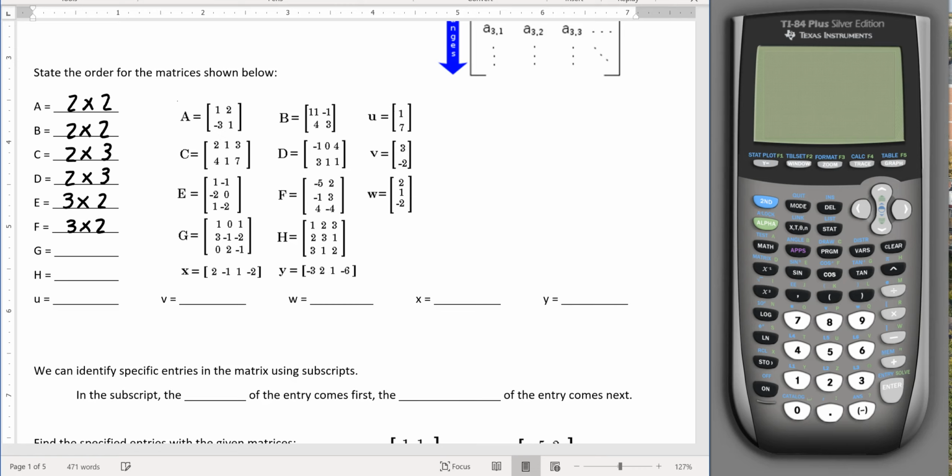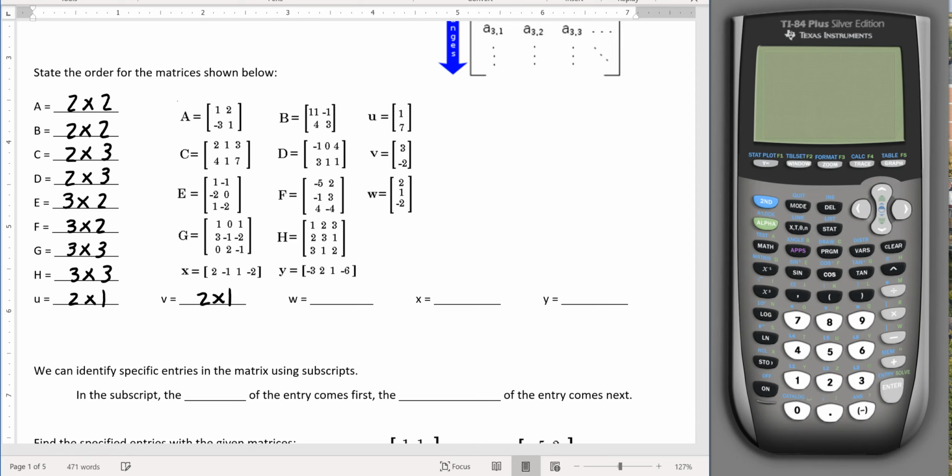Looking at letter G, 3 rows, 3 columns, so this would be 3 by 3. Letter H is also 3 by 3. Now looking at letter U, this has 2 rows, 1 column, so this would be 2 by 1. Letter V is also 2 by 1.